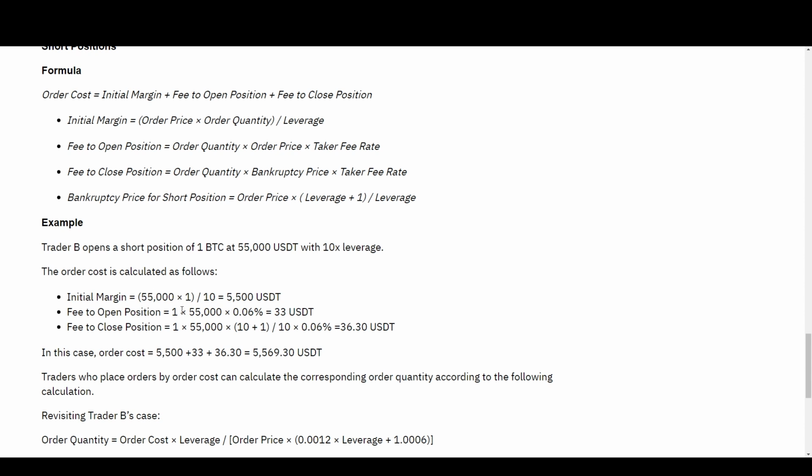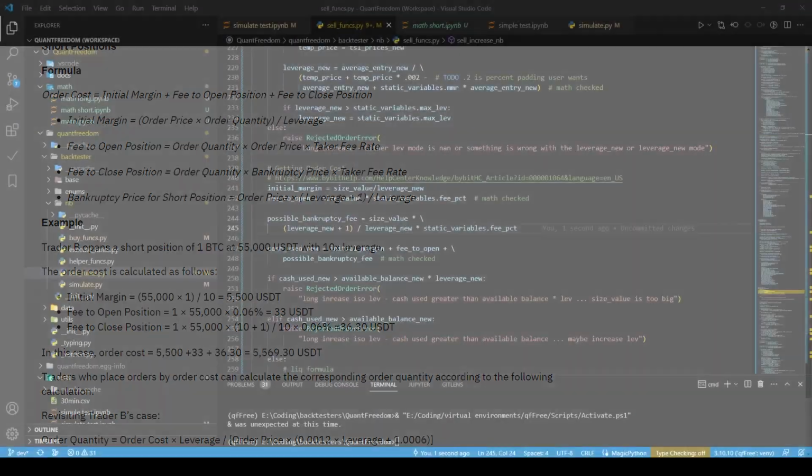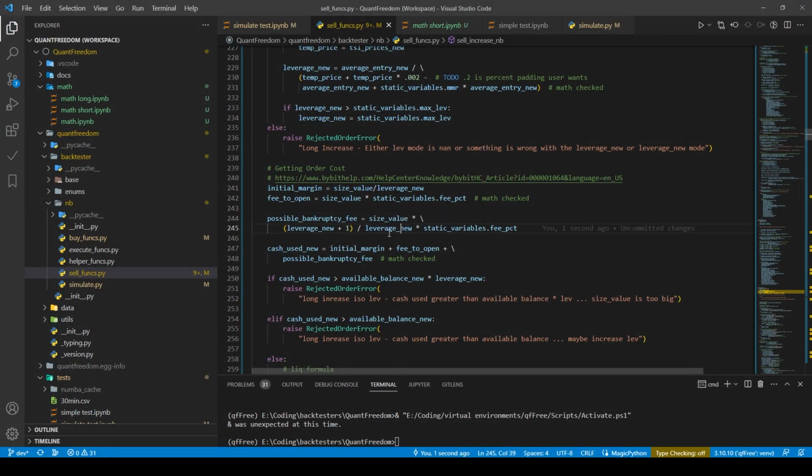Fee to open. Why don't I use fee to close? I think it's because I'm not actually closing.